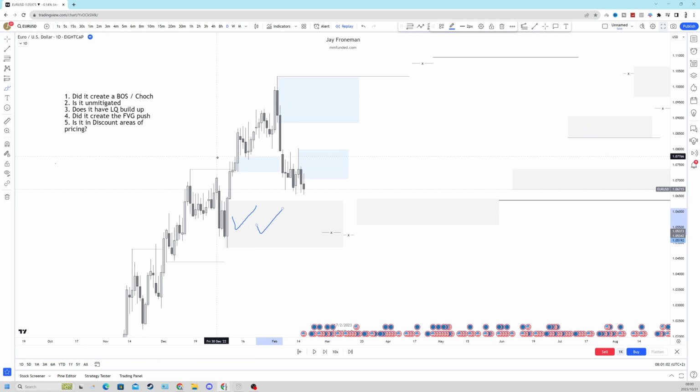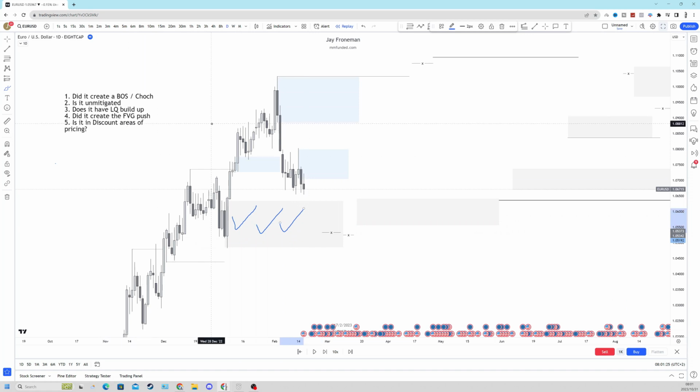Does it have a liquidity buildup? Well, we have 1, 2, 3, 4, an entire support line over here creating 4 taps of liquidity, so a quadruple bottom liquidity, which, yes, is resting liquidity above the zone to sweep, which is good confluence, which is another point that makes this an institutional level. So yes, it has a liquidity buildup.